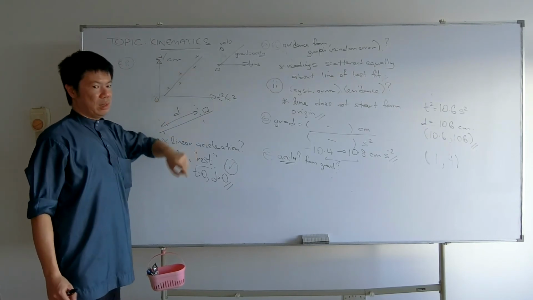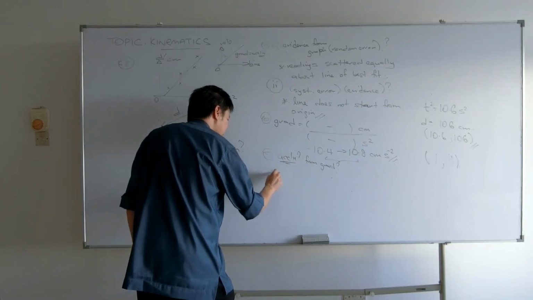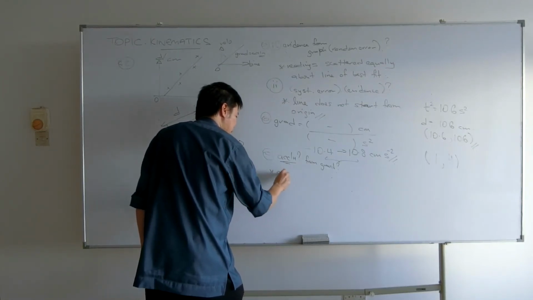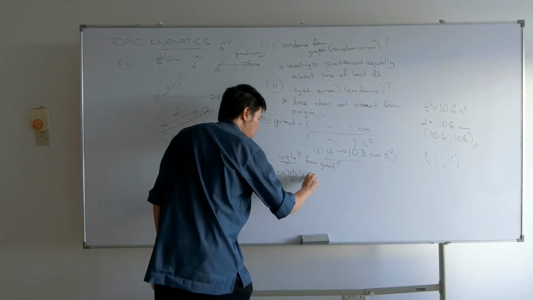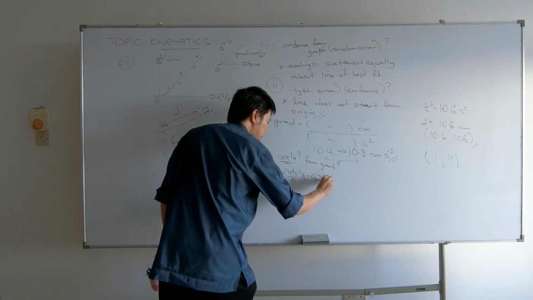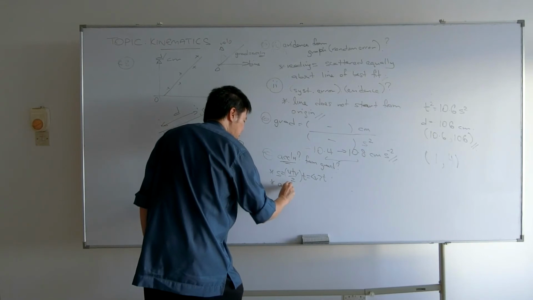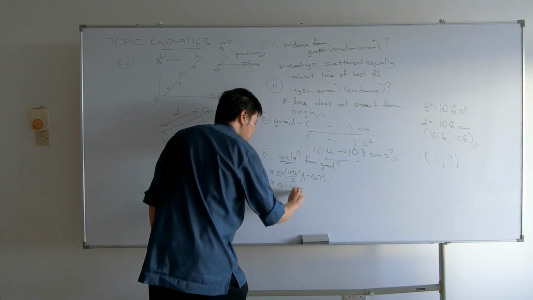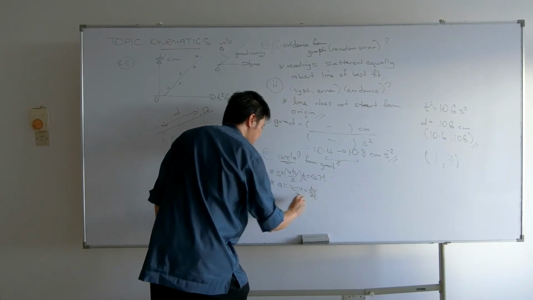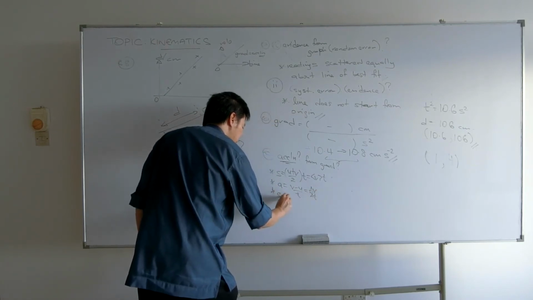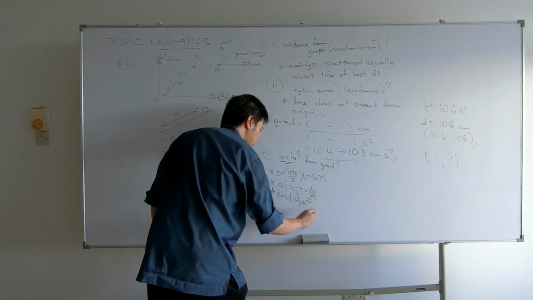Remember the 5 equations of motion. Let's go through the 5 equations of motion again. The first one is S is equal to U plus V over 2 times time, also known as average velocity times time. You have the definition of acceleration, V minus U over time, also known as delta V over delta T. You have S is equal to UT plus half AT squared.